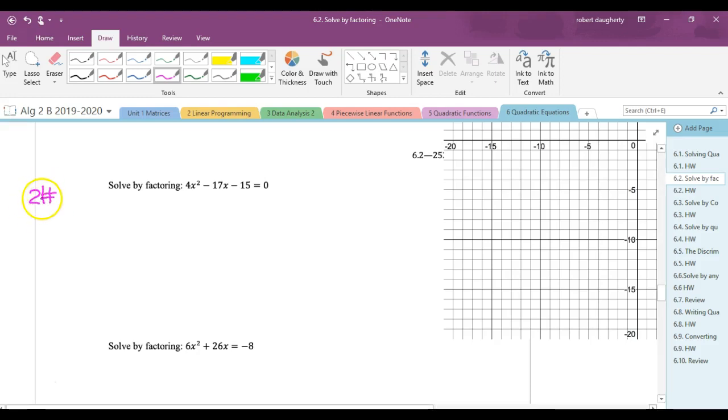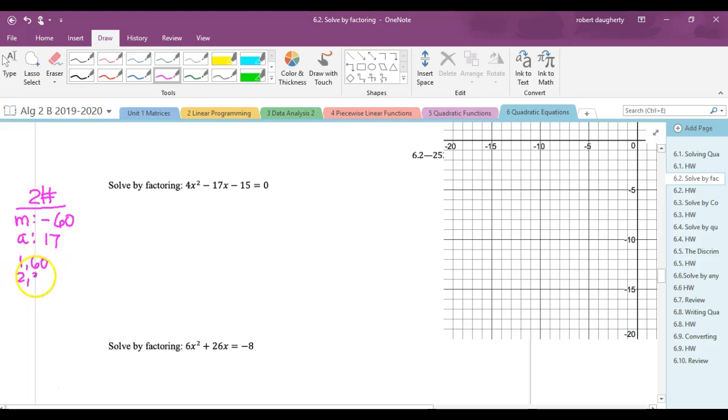I need 2 numbers that multiply to give me what? Yeah, what is 4 times negative 15? Negative 60. And they have to add to give me 17. Okay. So factors of 60. It's 1 and 60.